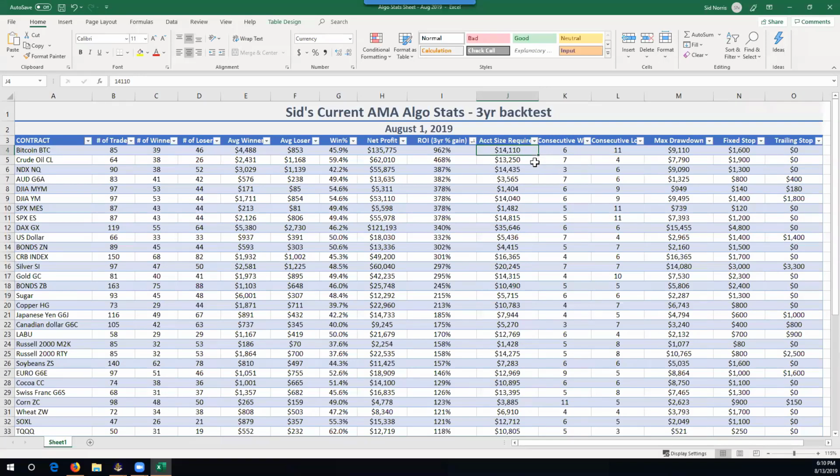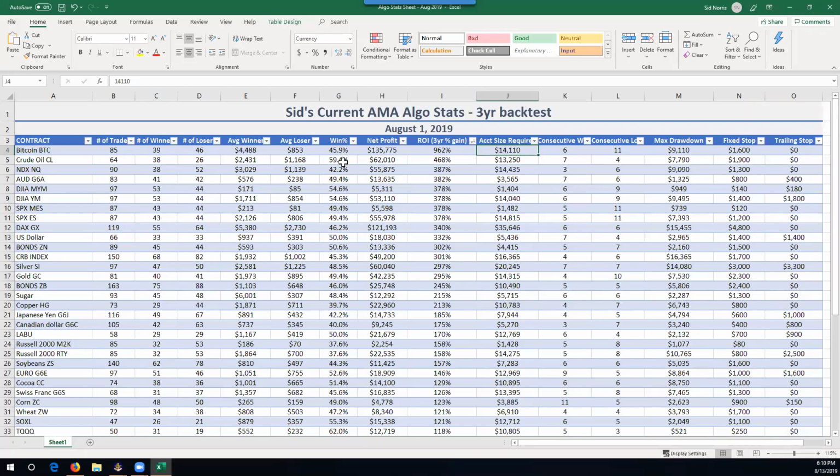Whereas crude oil is number 2 this month, and it brought in a 468% return, 3-year gain ROI. So the account size required there is 13,000, and it brought in $62,000 of profit on top of that in 3 years if it was traded using current settings during that entire time.